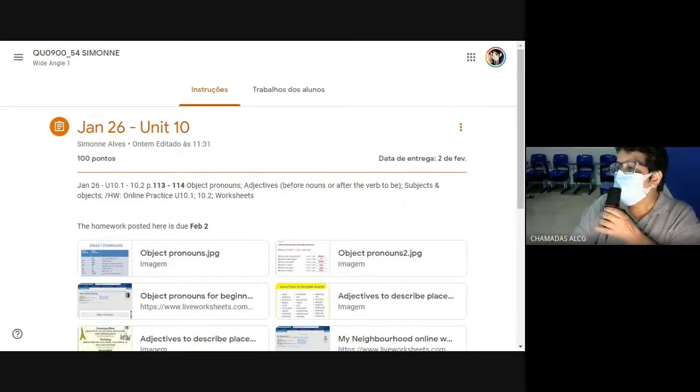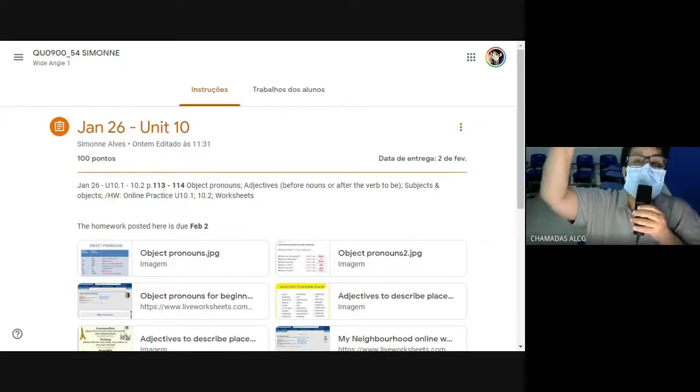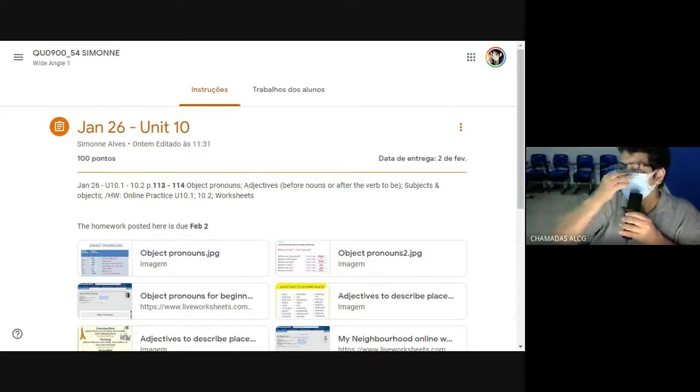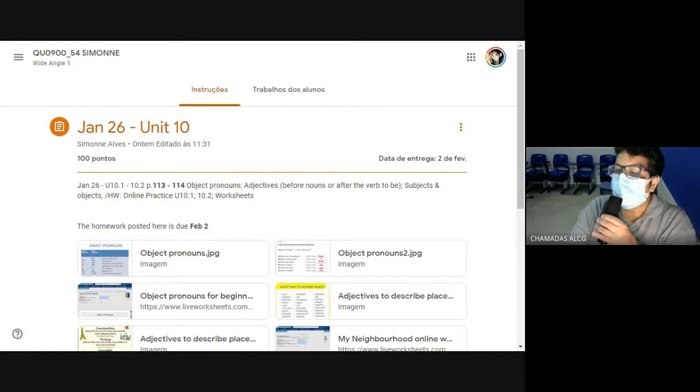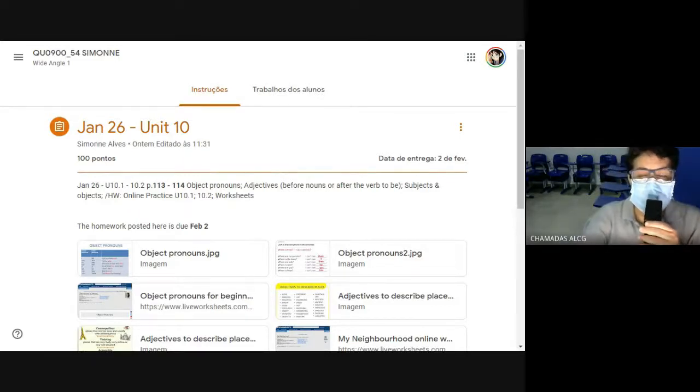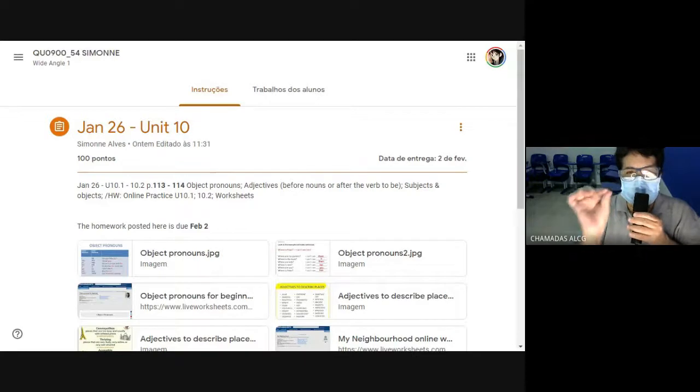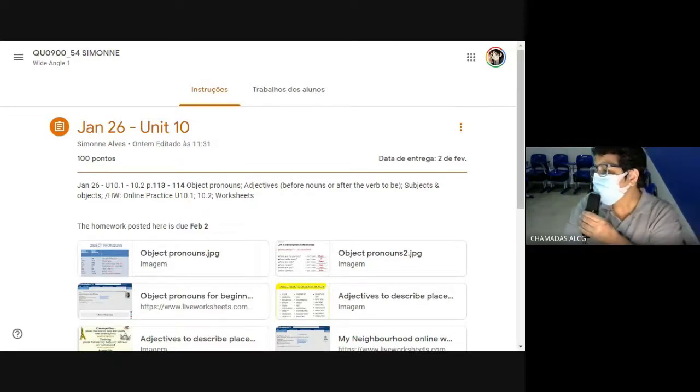And we saw the sequence of a sentence: subject, verb, and object. Okay? And next class, we finish this topic on comparative adjectives, short adjectives, okay?